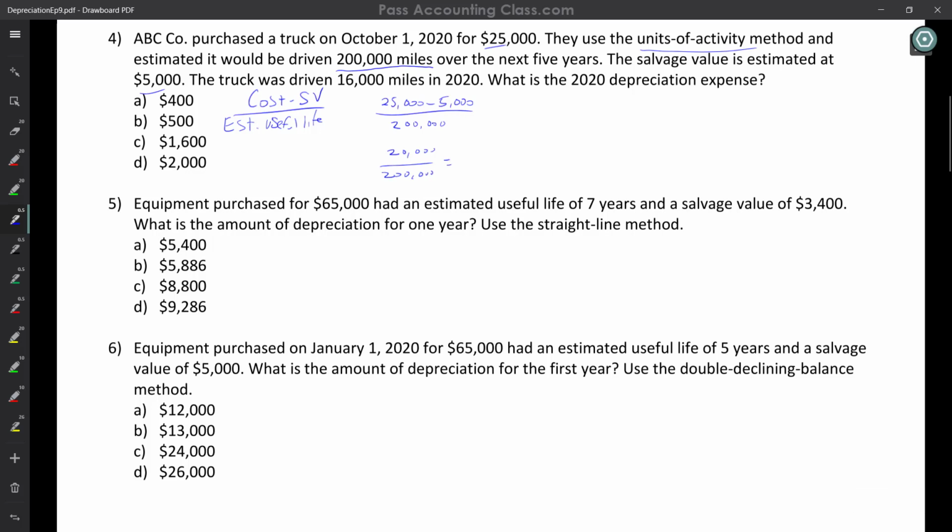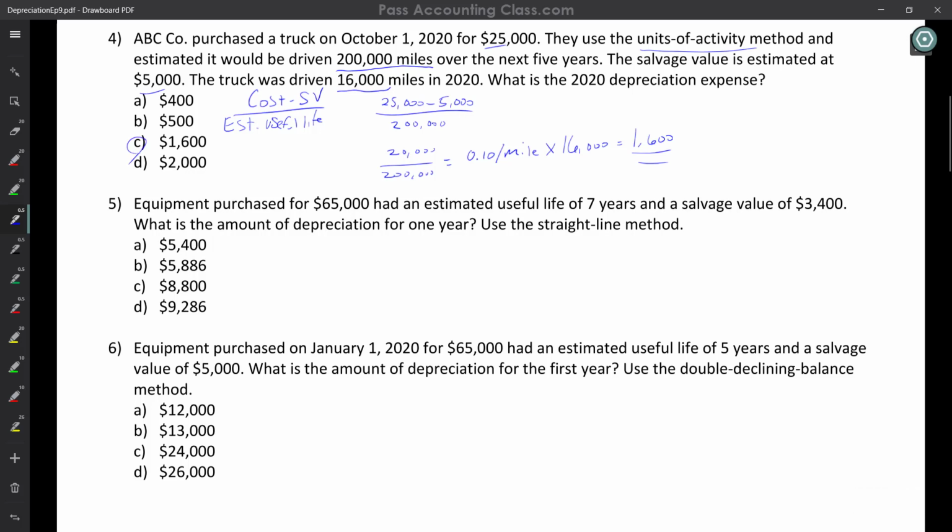And that gives us a rate of 10 cents per mile. Then we're going to multiply that rate by the actual miles driven, and that's 16,000. So multiply that by 16,000, and our answer is going to be 1,600, and that's our 2020 depreciation expense. So the answer here is C.